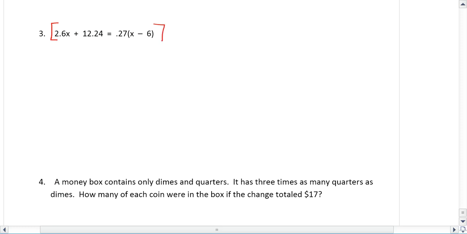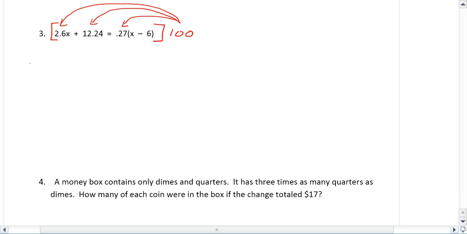I'm going to show you this a different way. Multiplying by 100, the decimals will be gone. Now, when I put the whole thing in brackets here, this is distribution multiplying that term by 100, the 12.24 by 100, and this side is all one term because it's all connected by multiplying. So we've got to multiply the 0.27 times 100.